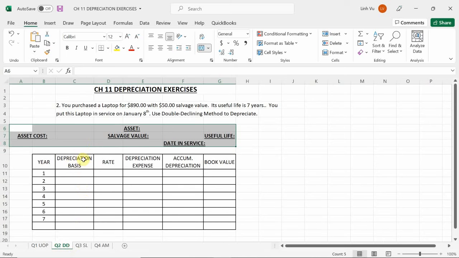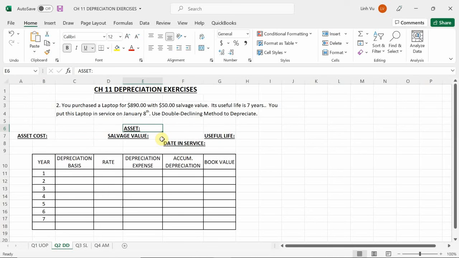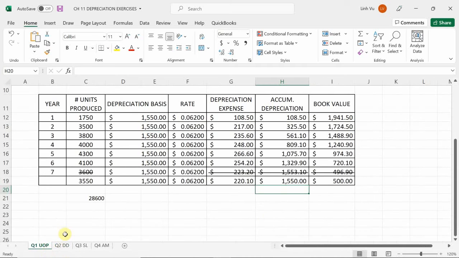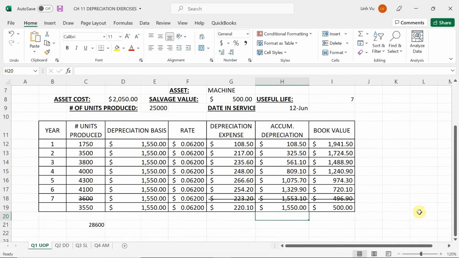Double declining. Teacher, yes. The question one, please, can you show the question one? Yes. The question, not the table.